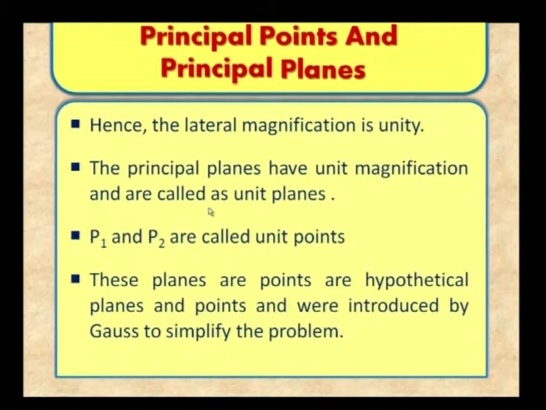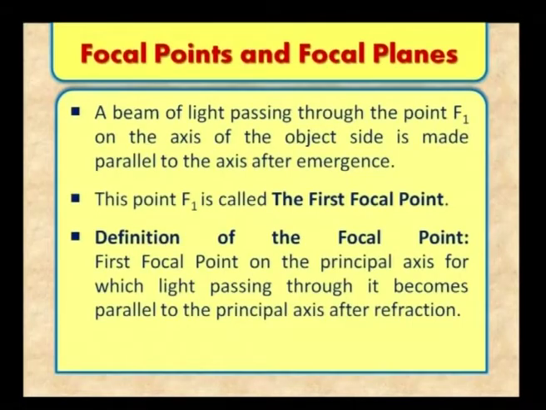These planes or points are hypothetical planes and points, and were introduced by Gauss to simplify the problem. What is the simplification? Instead of looking at the 4 refracting surfaces, we will be talking about the refraction suffered by the light ray because of the 2 principal planes. The 4 refracting surfaces are replaced by 2 principal planes.